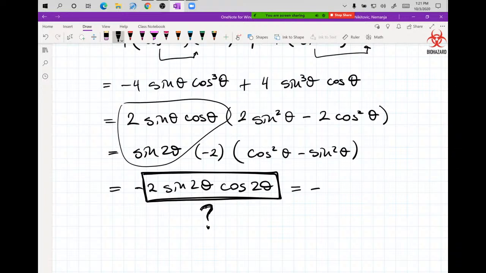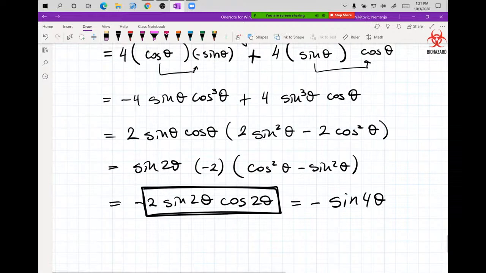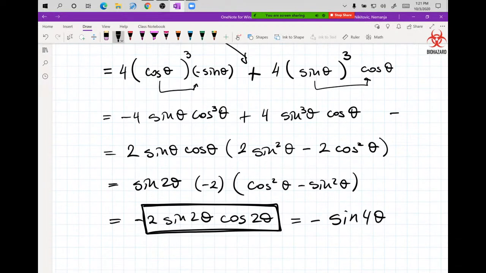Same. So now, do you want to set this equal to 0, or do you want to set this equal to 0? Welcome to chapter 4. Right?